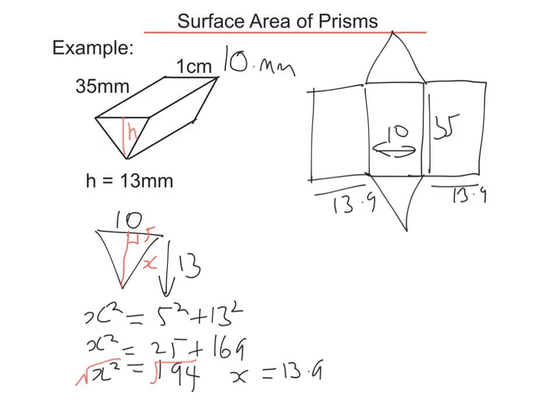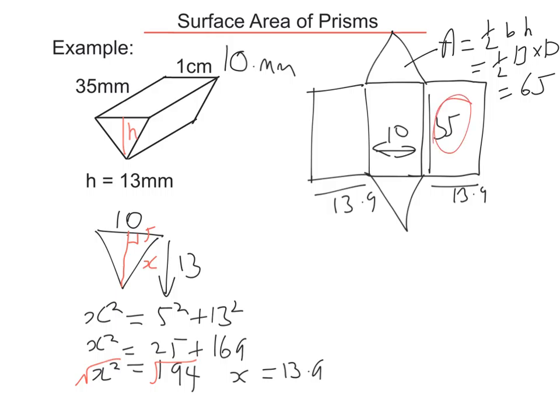So what we'll need to do now is work out the area of the two ends. So let's look at this area up here. The area of that one is going to be equal to half base times height, which is equal to a half times 13 times 10, which is 130, divided by 2, 65.